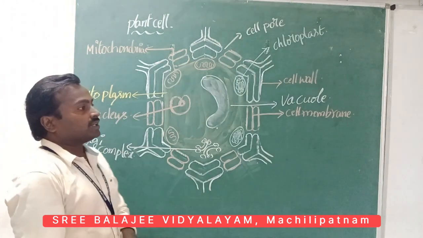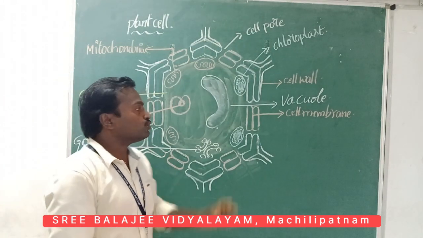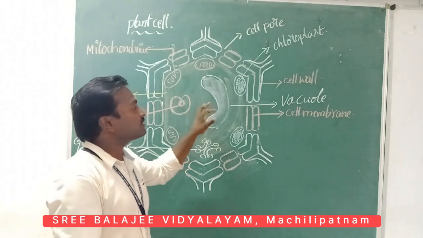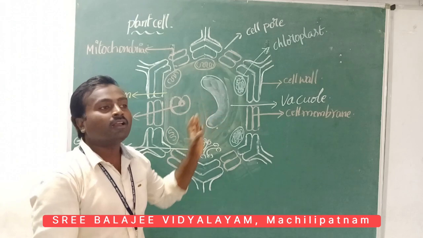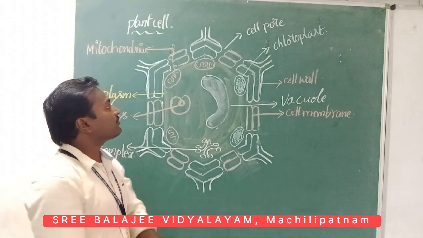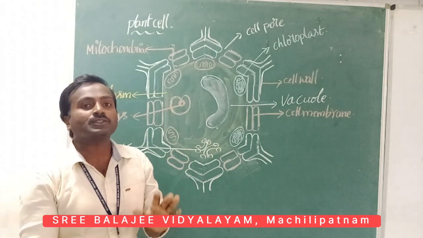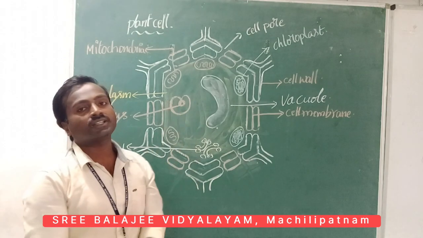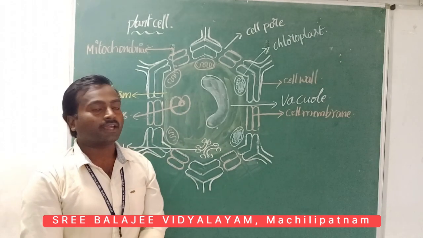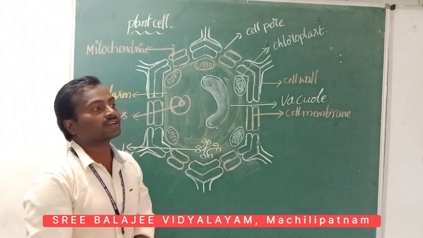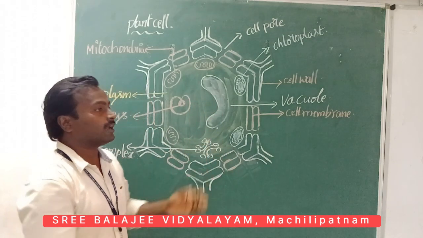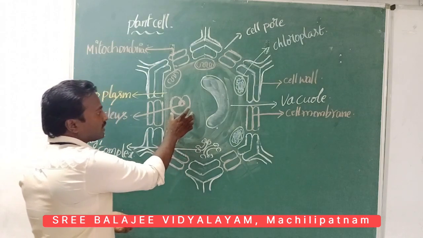If you observe animal cells, they contain the nucleus in the center of the cell. Actually, this is the center of the cell. Here we have to draw the nucleus. But the main characteristic feature of the plant cell is that it contains the nucleus in one corner of the cell. It never contains it in the center of the cell. So that is why I have drawn it here.